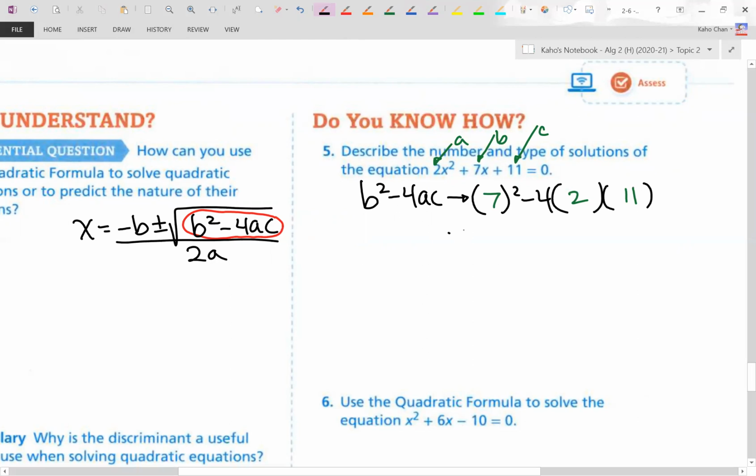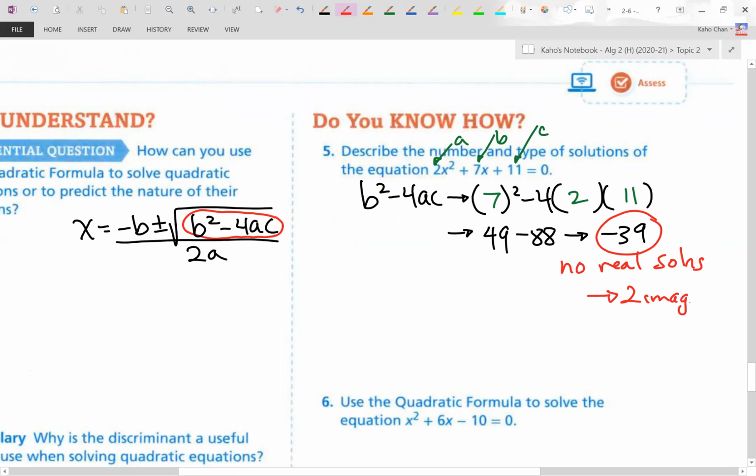I just want to kind of finish up a little bit. 49, and then 4 times 2 is 8, times 11 is 88. Oh my gosh. We will definitely get a negative 39 value underneath the radical. This means there's no real solutions. We just have two imaginaries. It's a floater.